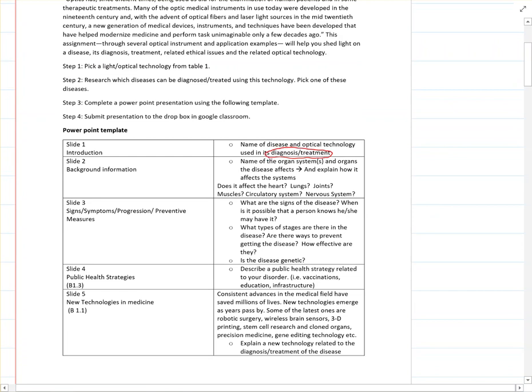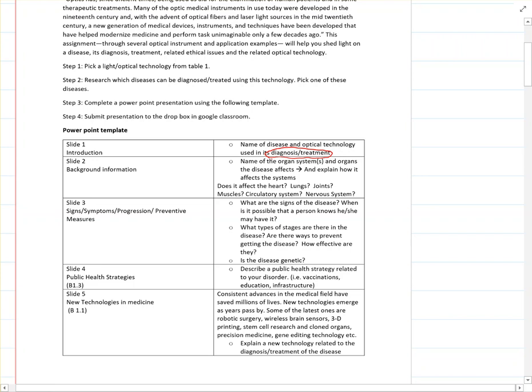That disease could be any disease or disorder that can be treated, diagnosed, or checked up. Basically, the technology that you pick should be in use by the doctor in treating you or in diagnosing that you have that particular condition.